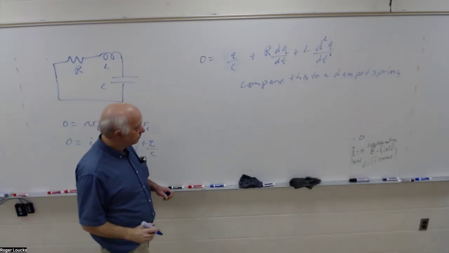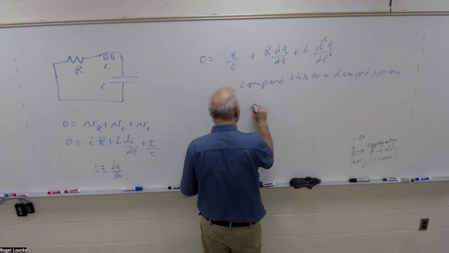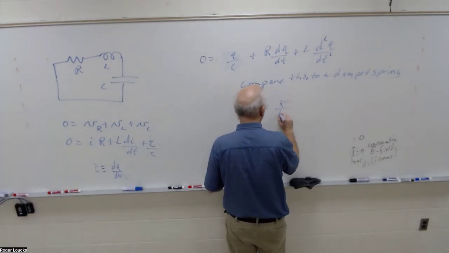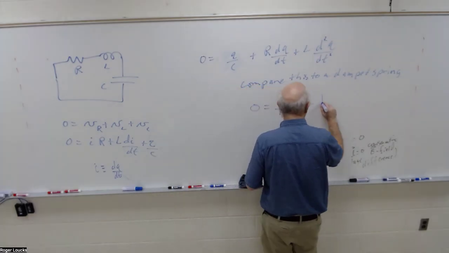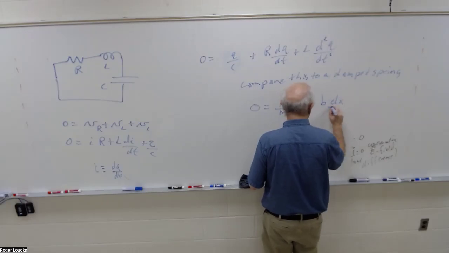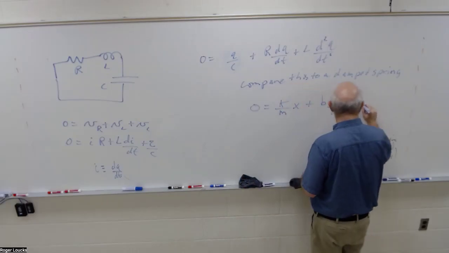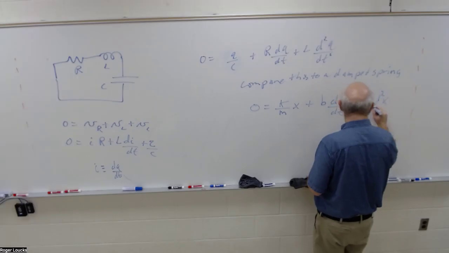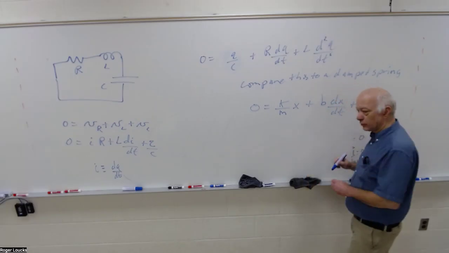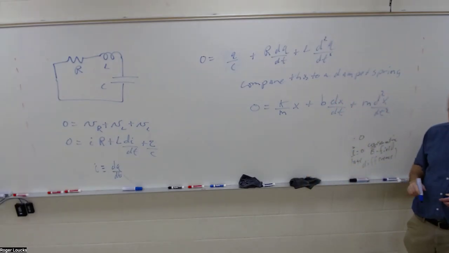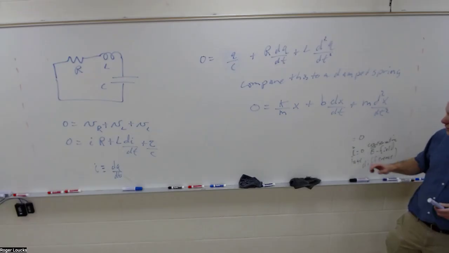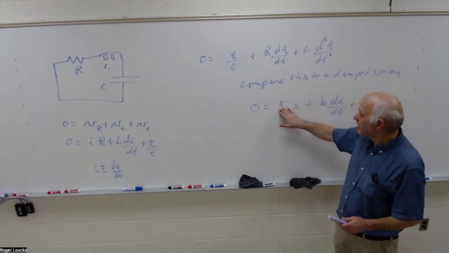So what do we have with a damped spring? We have this. That's what we have for a damped spring. So the spring is acting like a what? Well, this is over M. I had an over M here.